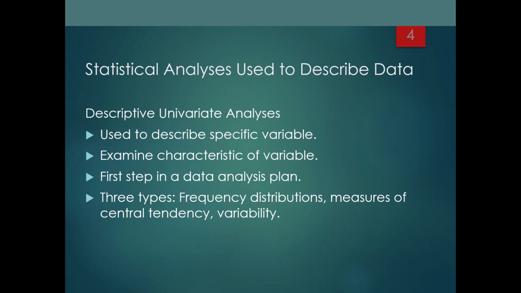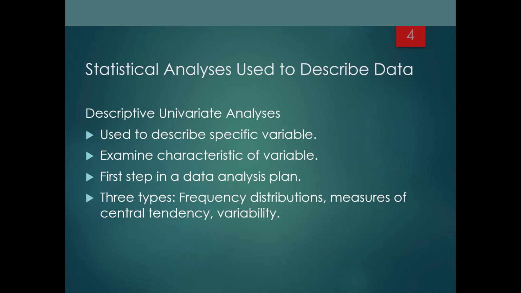So descriptive univariate analysis is used to describe or summarize data that is related to a specific variable of interest. This is conducted when researchers are interested in looking at the characteristics of a variable to determine if it meets the assumptions necessary to conduct analysis.